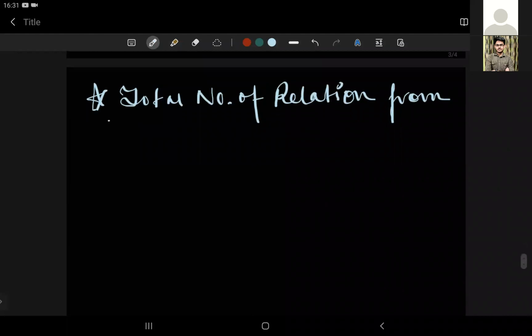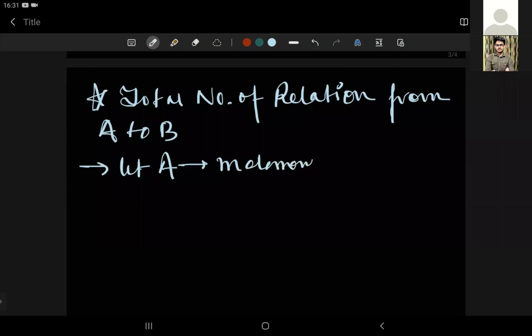So total number of relations from A to B. Let's say we write: let A contain m elements and B contain n elements. Right.